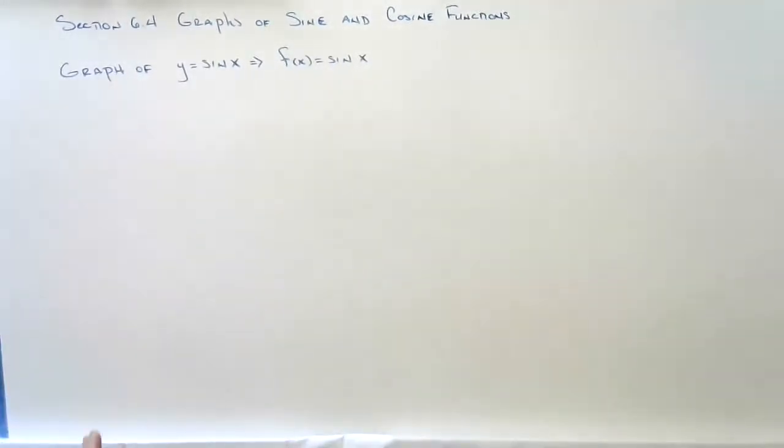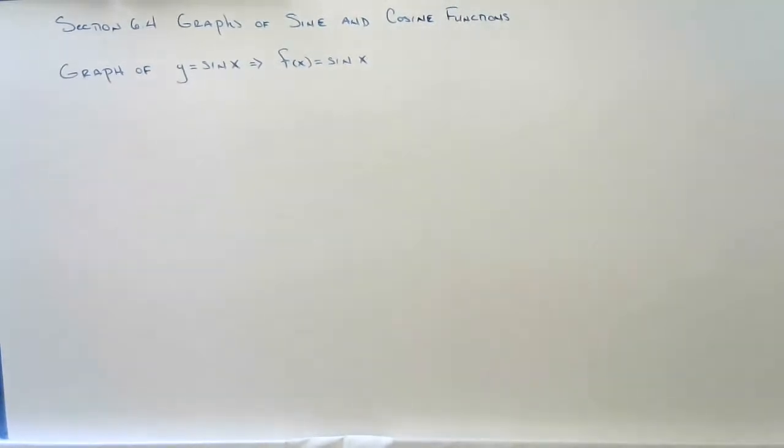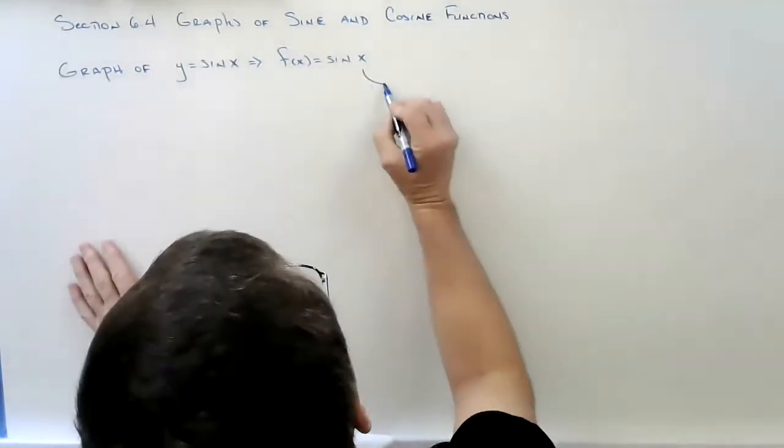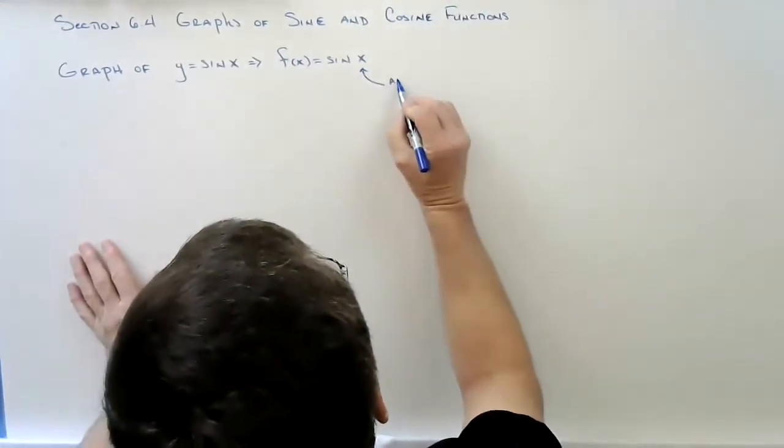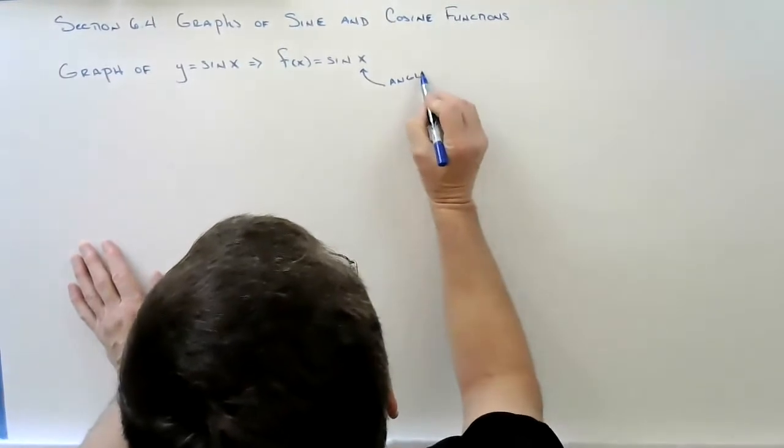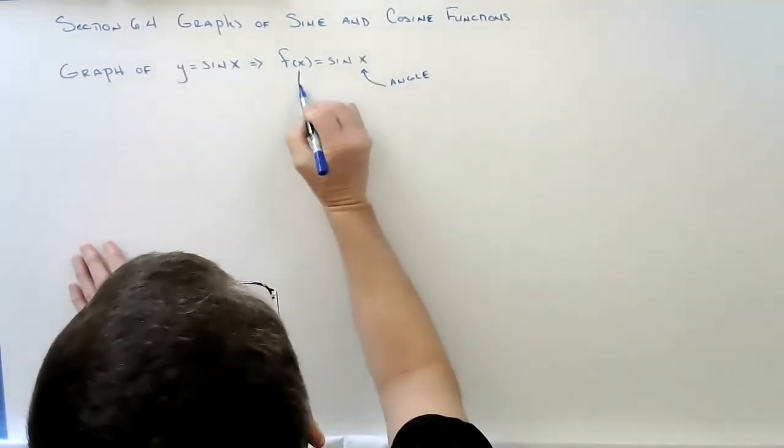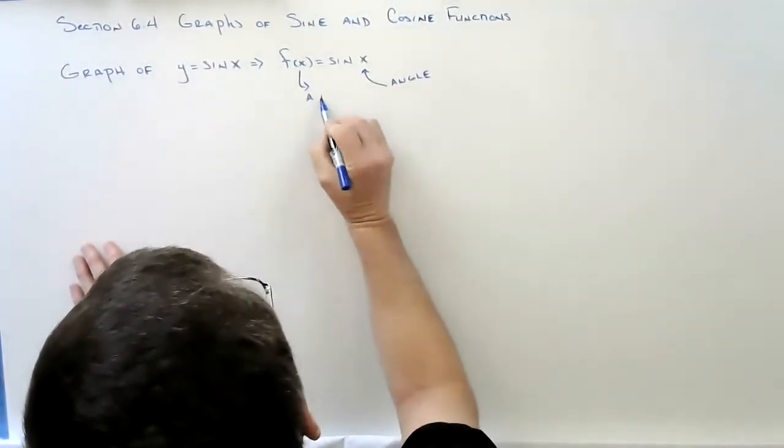We're graphing sine on the x and the y axes. This isn't x and y from the unit circle. This is x and y from our coordinate plane, the x-axis being the horizontal axis, the y-axis being the vertical axis. This, right, this is an angle. This is a number.